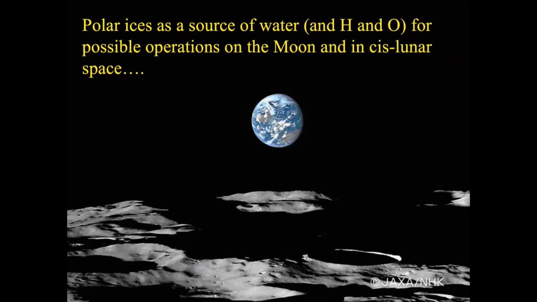And the point about craters at the lunar poles is the sun is always on the horizon at the lunar poles, which means the interiors of craters are always dark, they're always cold, perhaps about 40 Kelvin or even less. And in such cold, permanently shadowed regions, water is stable as an ice. And there is now very strong evidence that water ice exists in these polar craters.